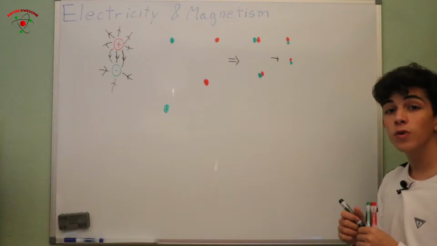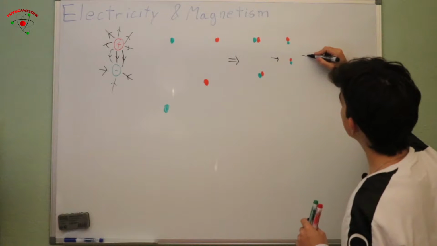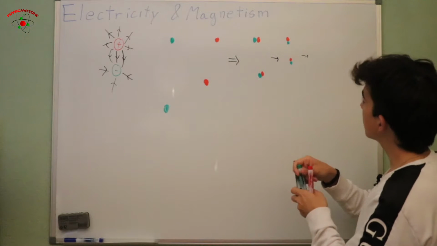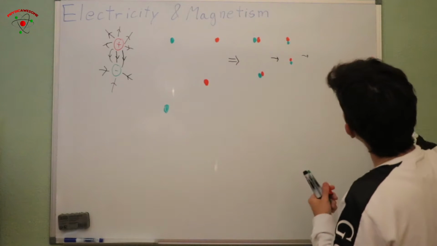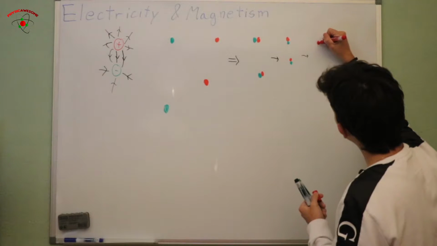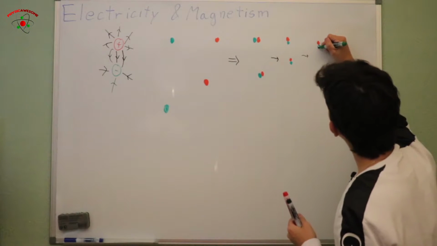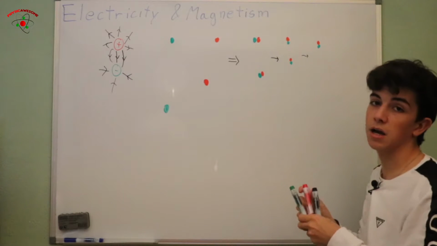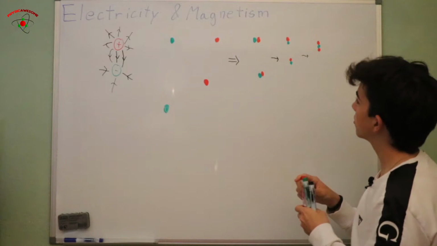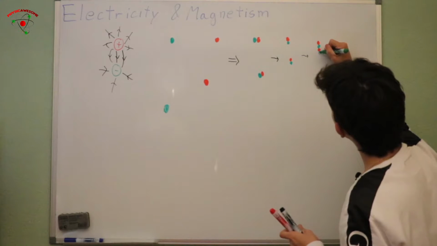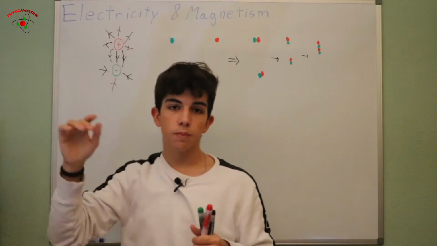And then really slowly, the dipoles are going to become closer and closer together until we have a four pole, or I don't know how to call this because it's quite a strange object, formed over here. So this is more or less the qualitative analysis of how the dipoles behave.